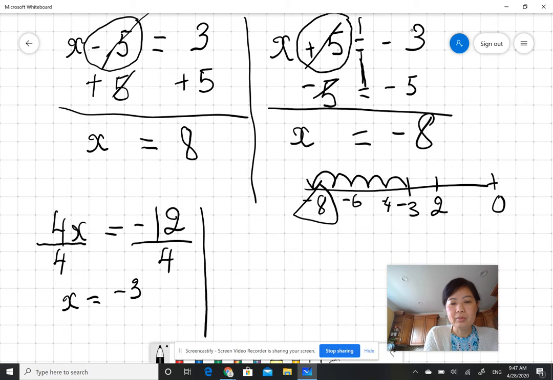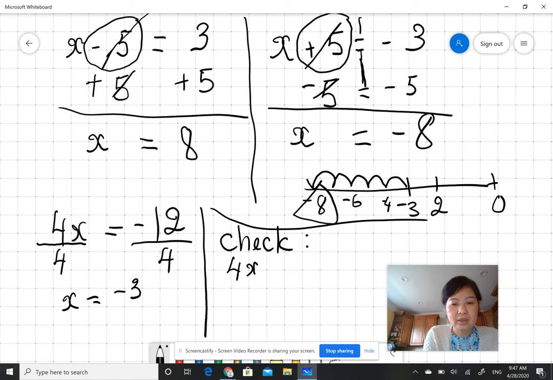Right, let me do one more. Oh, by the way, I'm going to check it with you, right? We need to check to make sure that this is correct. So to check it, you copy the original equation, which is 4x equals negative 12. And now you know that x equals negative 3.